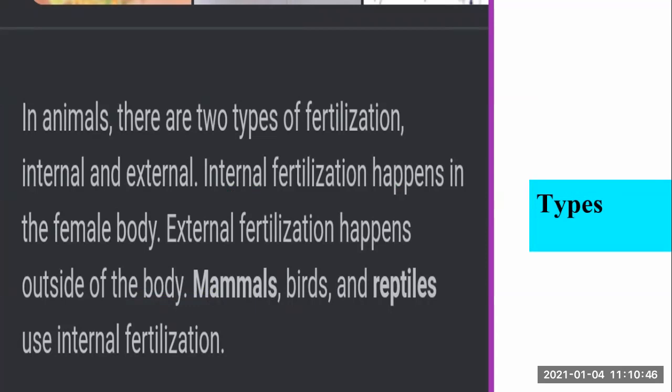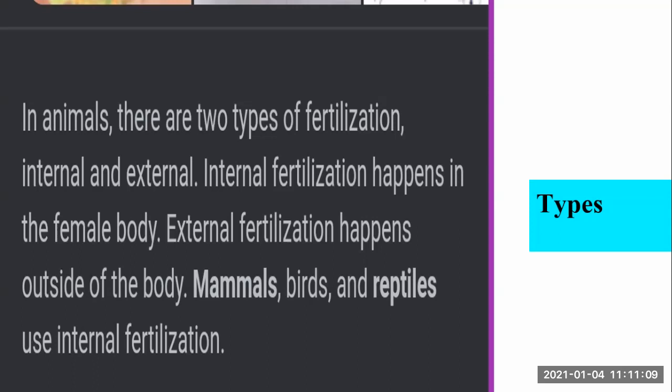Let's see the types of fertilization. In animals, there are 2 types of fertilization, the internal and external. Internal fertilization happens in the female body, whereas external fertilization happens outside the body.